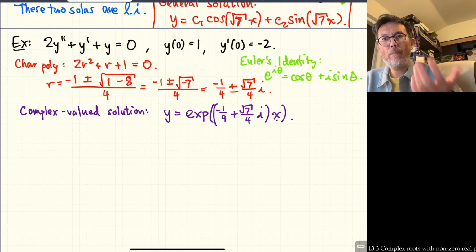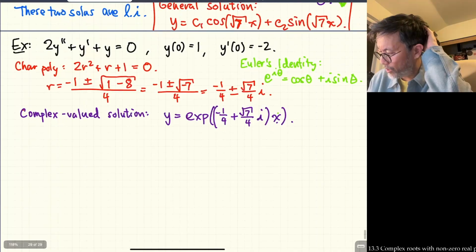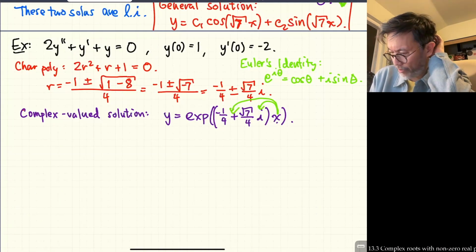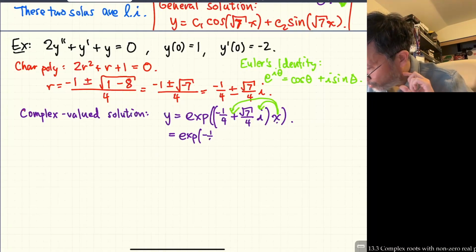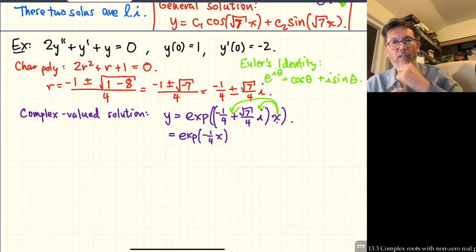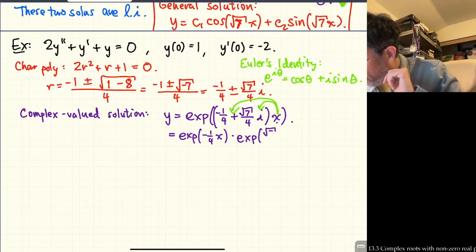So how? We're first going to distribute this x here, like this. If I do this, what I get is exp of negative 1/4 x times exp of square root of 7 over 4 times i times x.